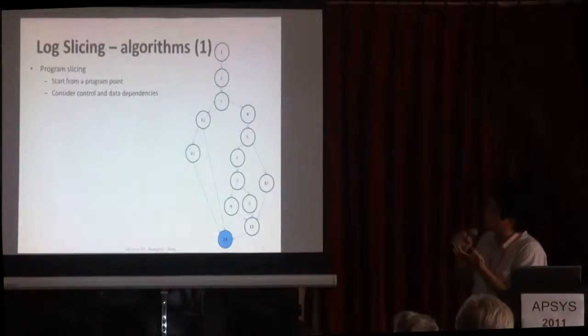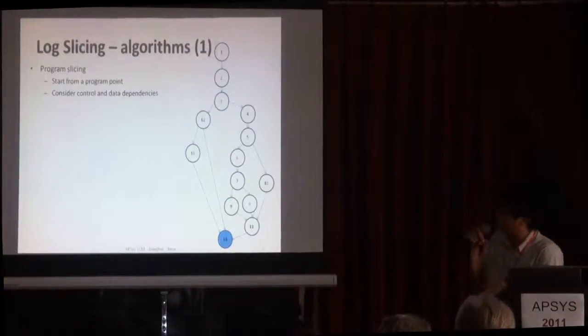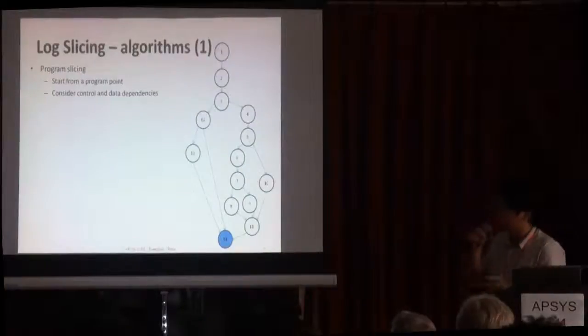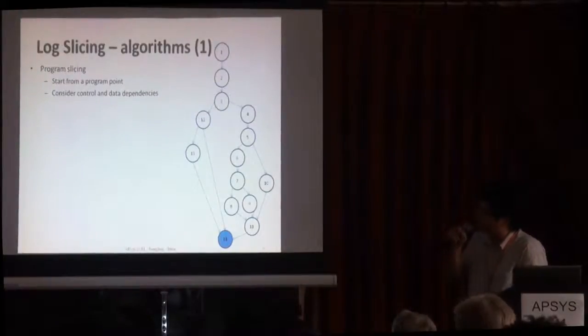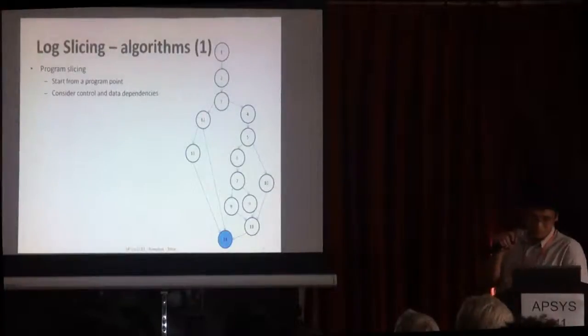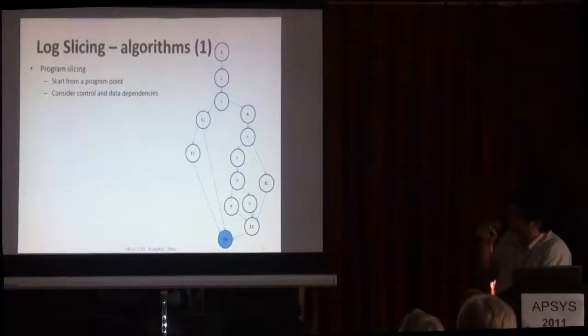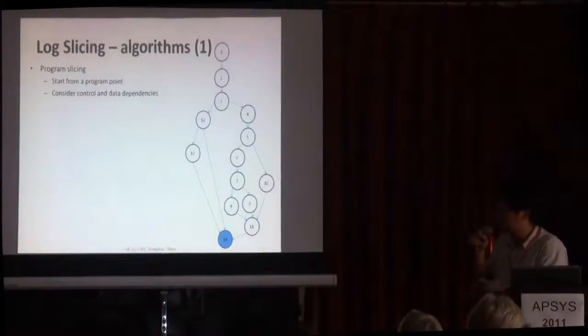In fact, we base our log slicing largely on a technique called program slicing, which is a traditional program analysis technique. In general, a program slicing algorithm starts from a program point, which we call the slicing criterion, and follows the control and data dependencies to find all statements that may or actually affect the program point.